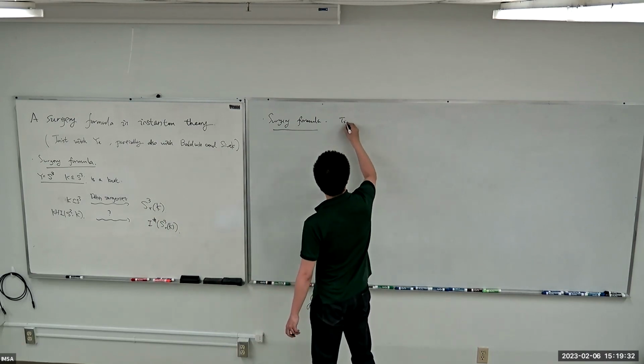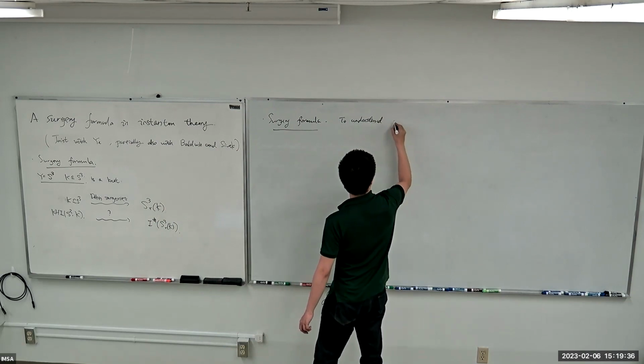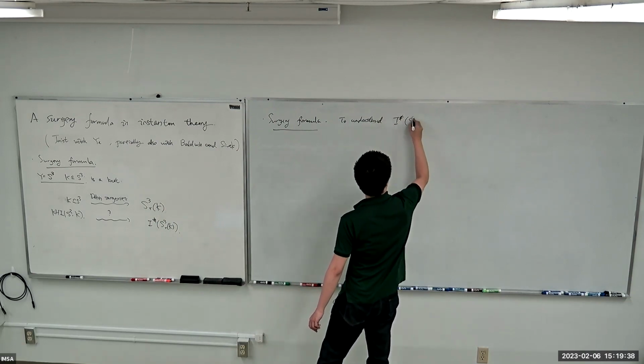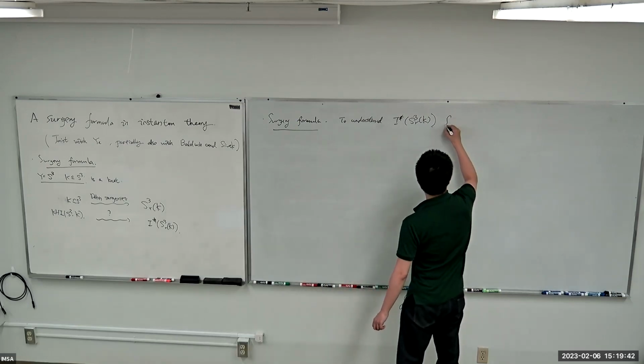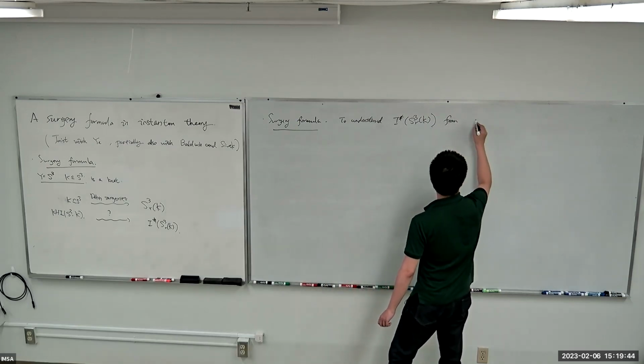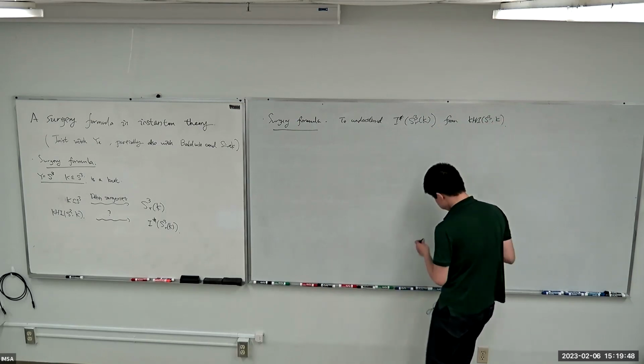The surgery formula is to understand the Instanton Floer homology of the surgery from some information on the Instanton Floer homology of this knot.